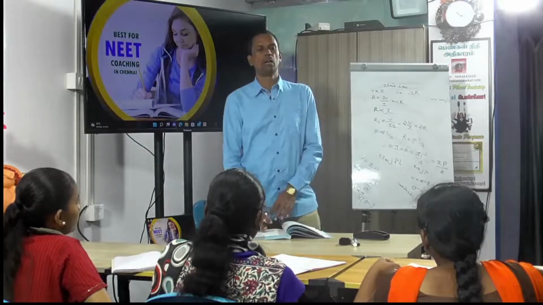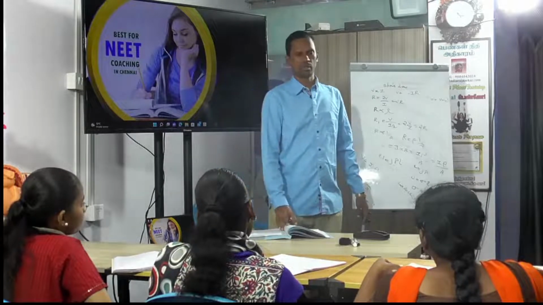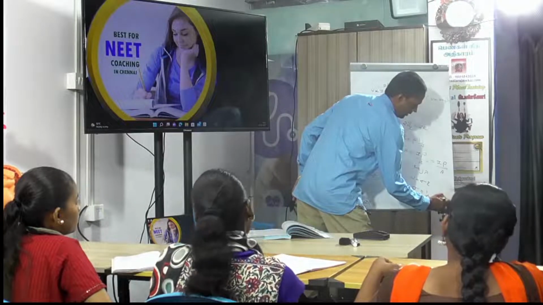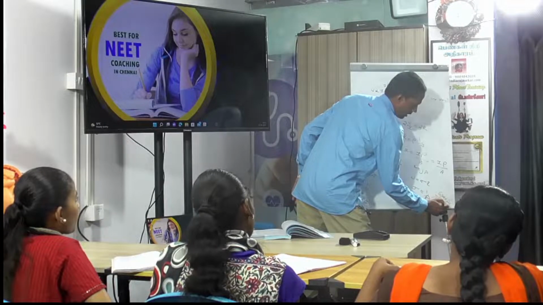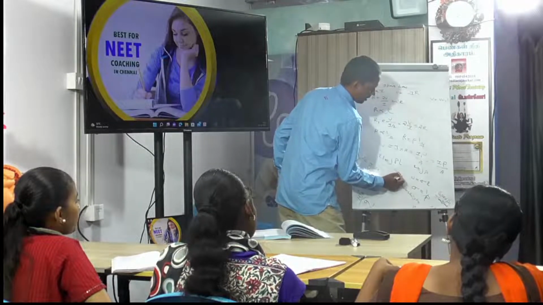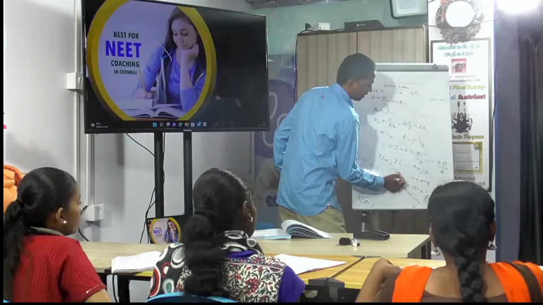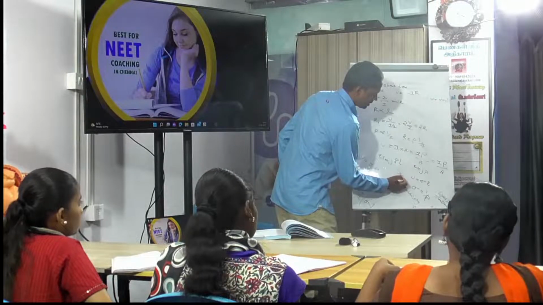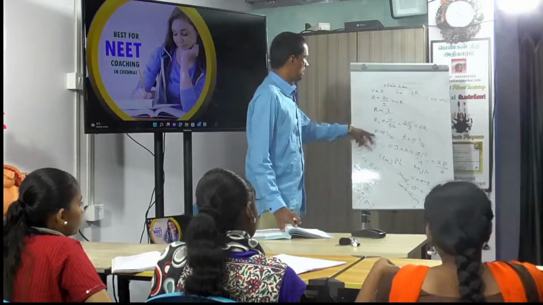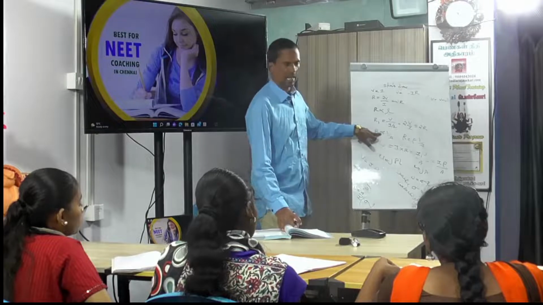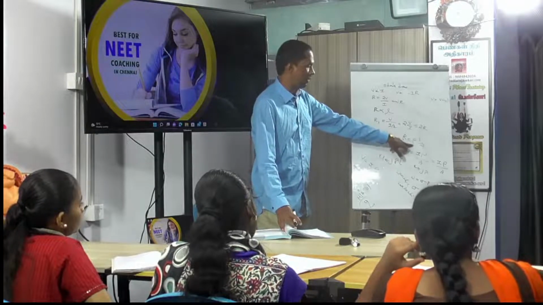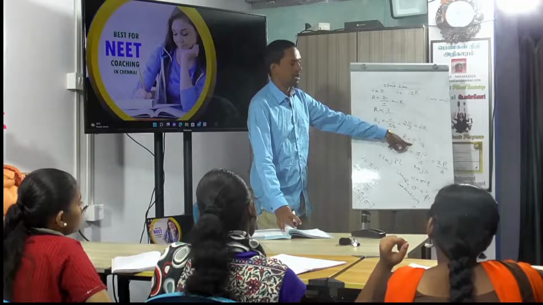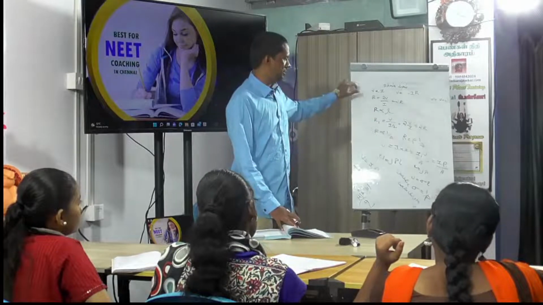R is directly proportional to length and inversely proportional to 1 by A. So R is equal to rho l by A. What is rho here? Constant. Specific constant.